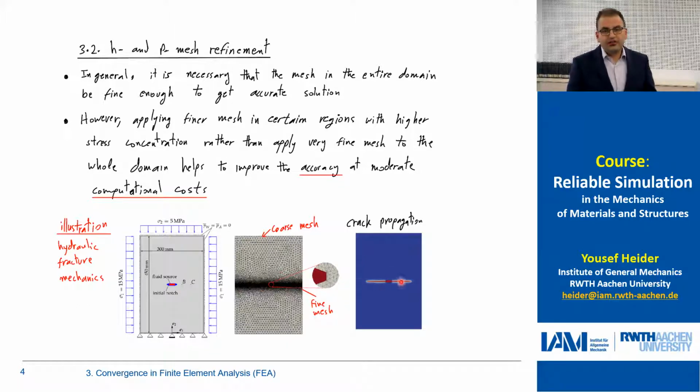And we see here the crack path. We have a very smooth path, and we did not extend the computational cost to an unacceptable range, because if we applied this fine mesh everywhere in the domain, it would be much more expensive.